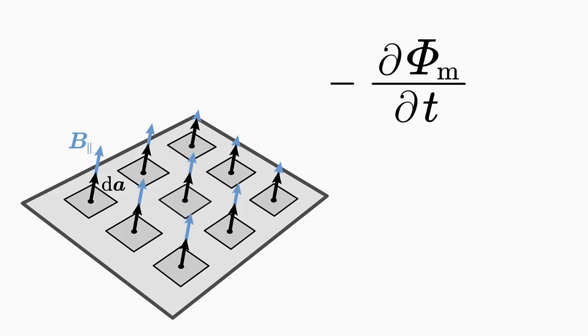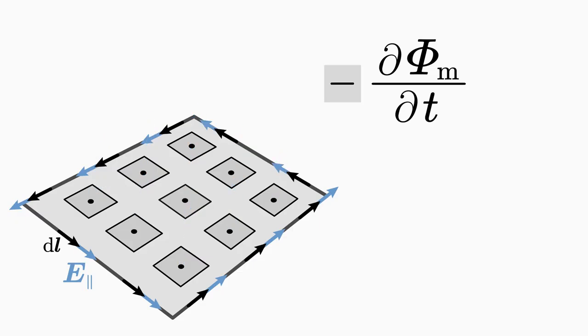The time derivative of the magnetic flux indicates how much the magnetic flux changes as time passes. So it's the temporal change of the magnetic flux. The larger the change of the magnetic flux, the greater the rotating electric field. The minus sign takes into account the direction of the rotation.